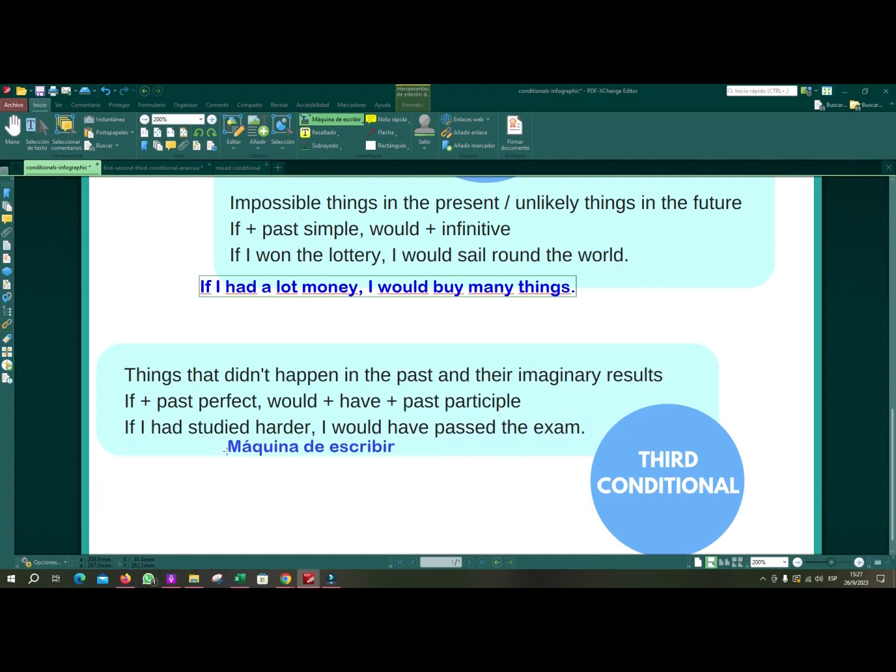So if I had studied harder, that is past perfect, had studied, the verb in past participle, comma, in the main clause, I would have passed the exam. So there you have would plus have plus the past participle of the main verb, right?